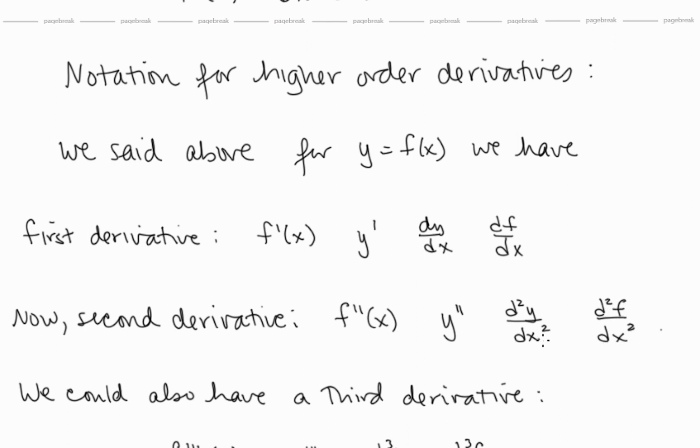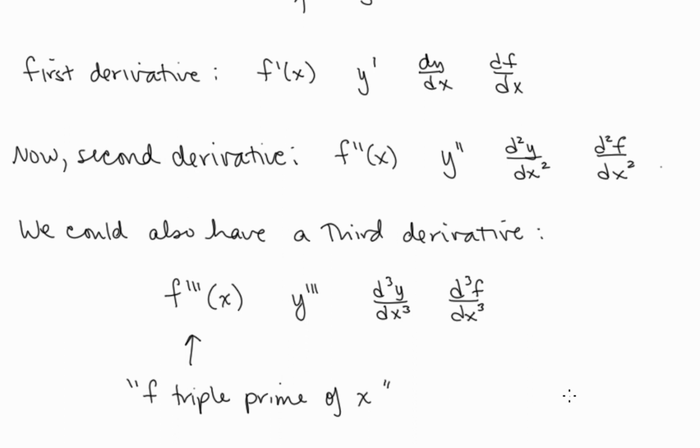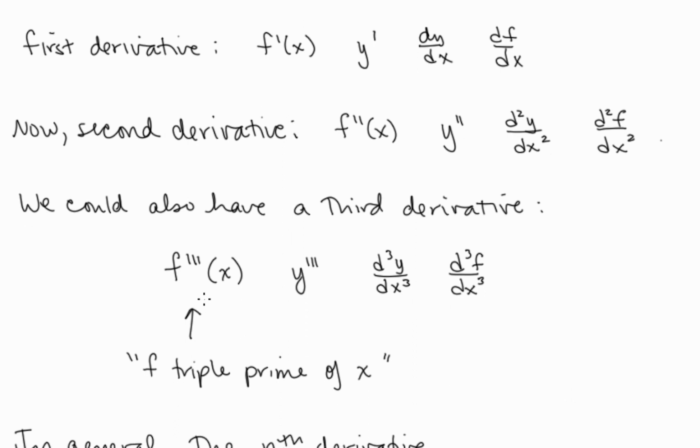So in these two notations, we're applying the differential operator twice to y or twice to f. And of course, we could also talk about a third derivative, f triple prime of x, or y triple prime. We're using the differential operator 3 times here.